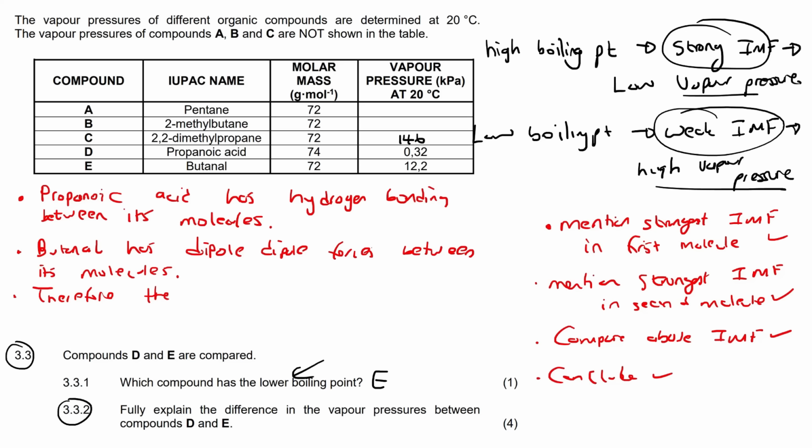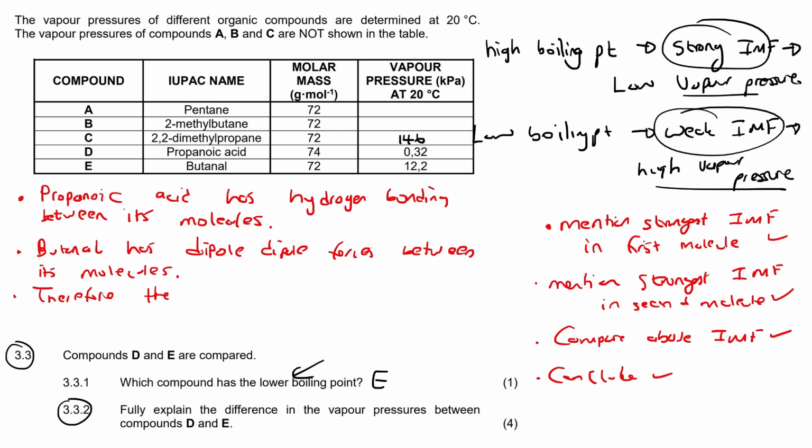Oh, by the way, I wanted to mention this earlier. Some of you might be like, yeah, but Kev, how can we make a comparison between a 3-carbon molecule and a 4-carbon molecule? Yes, I get it. If they didn't give us the vapor pressures, then we wouldn't really be able to compare them. Maybe this one would have stronger London forces because it's longer and it's got a larger surface area.